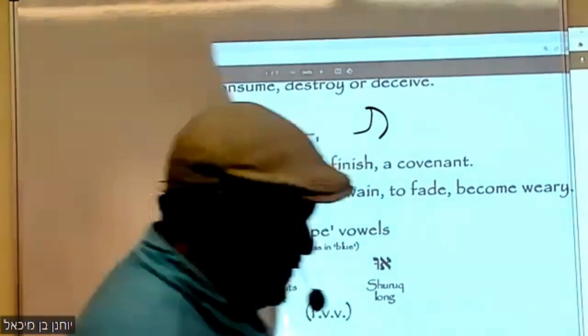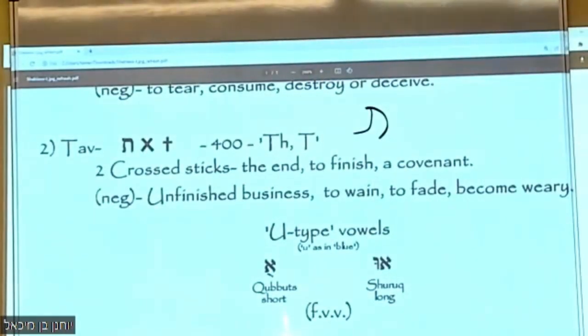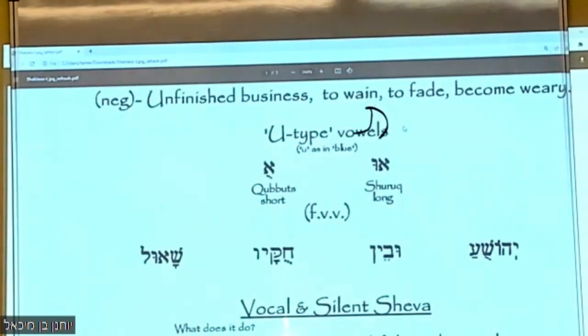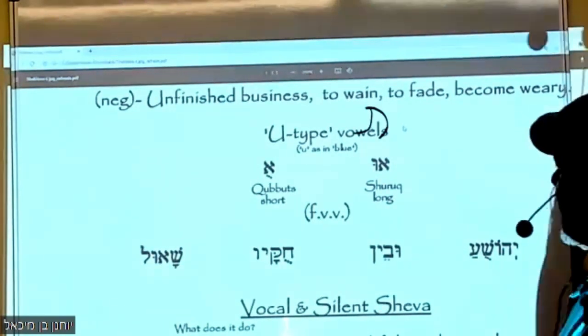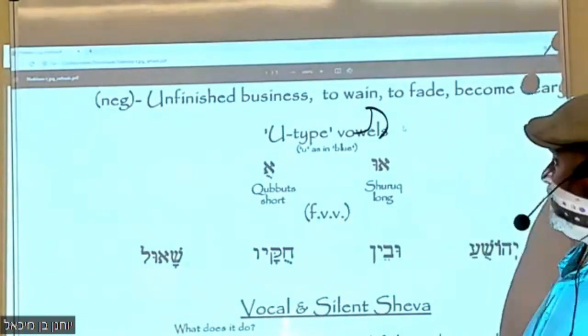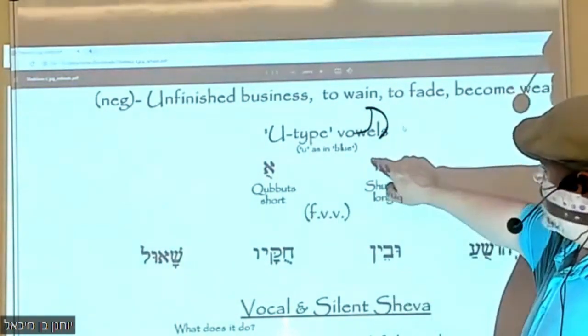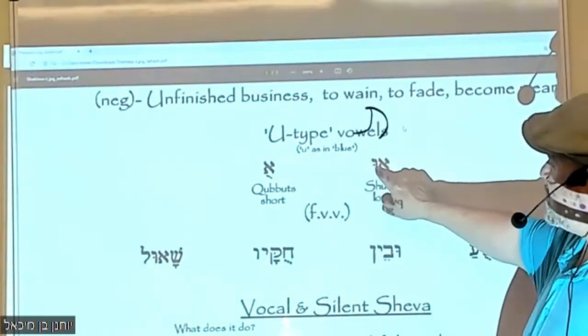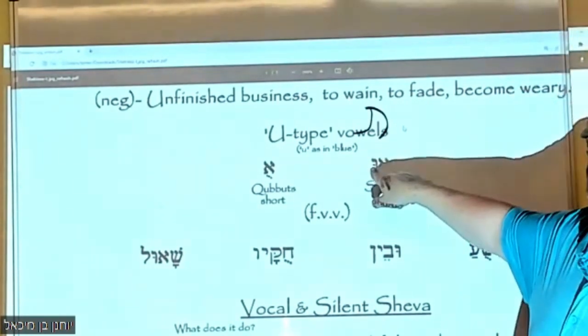All right, so if we have no questions on that, we are going to roll that up a little bit, and then we're going to work on the U-type vowels. There's only 2 of them, so that's a good thing. You have 2 different U-type vowels. One is this. See how we have this wall with this dot inside of it?